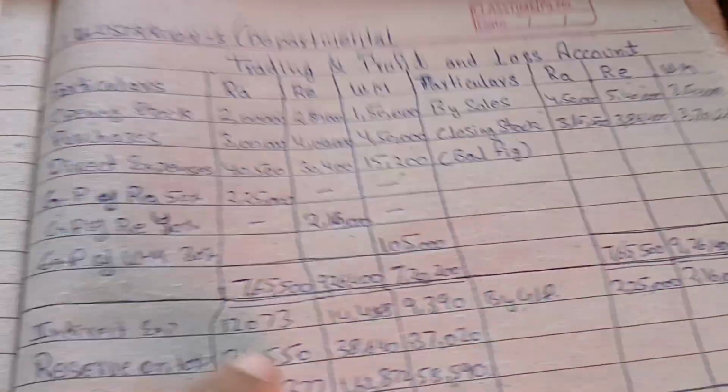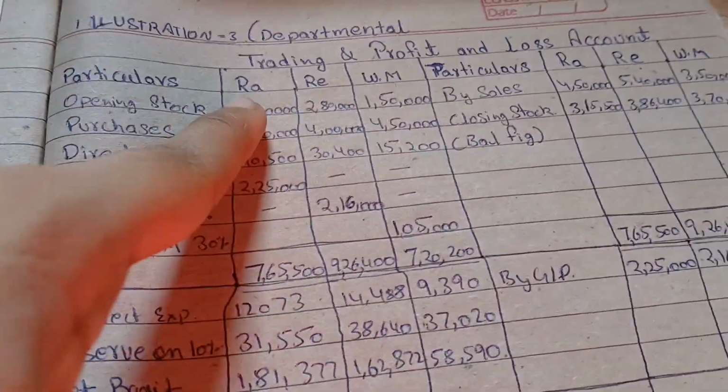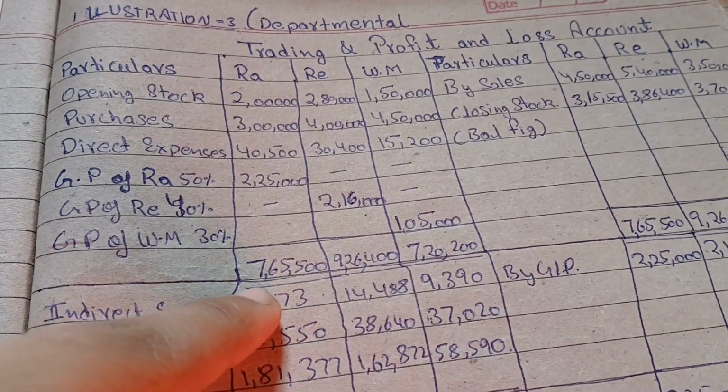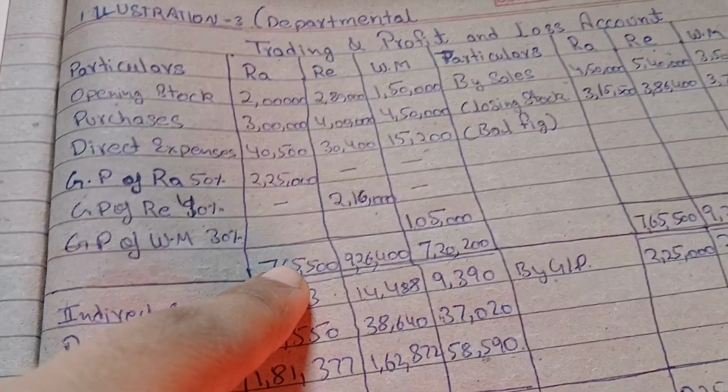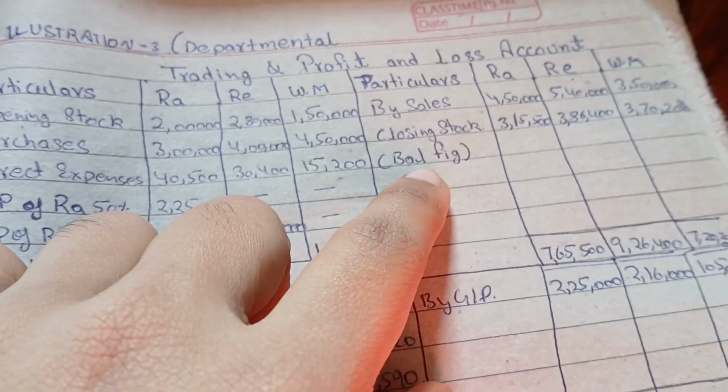From here we can find the gross profit. After adding these values, we get the total, and we subtract the total from sales. Then we can find the closing stock.